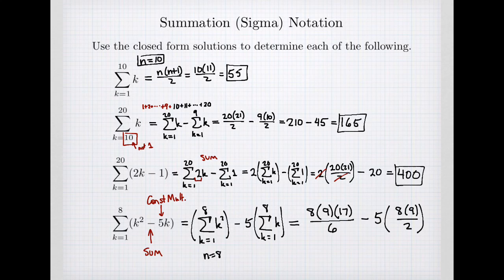So again, I'm going to simplify 9 and 6. I'll factor out a 3. 8 and 2 gives me a 4.